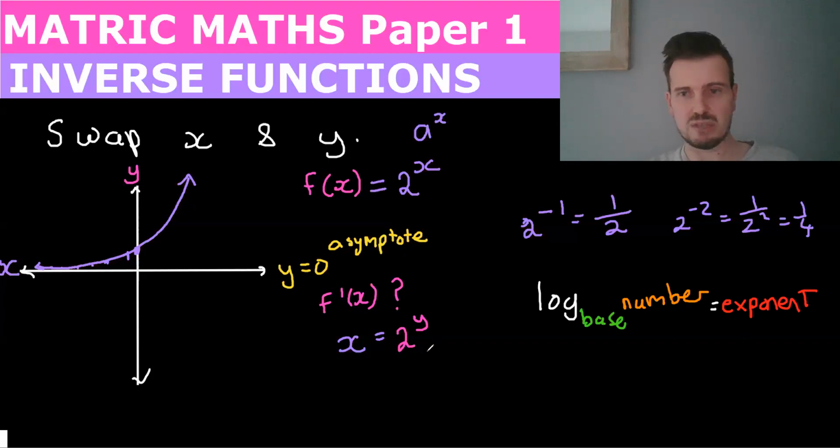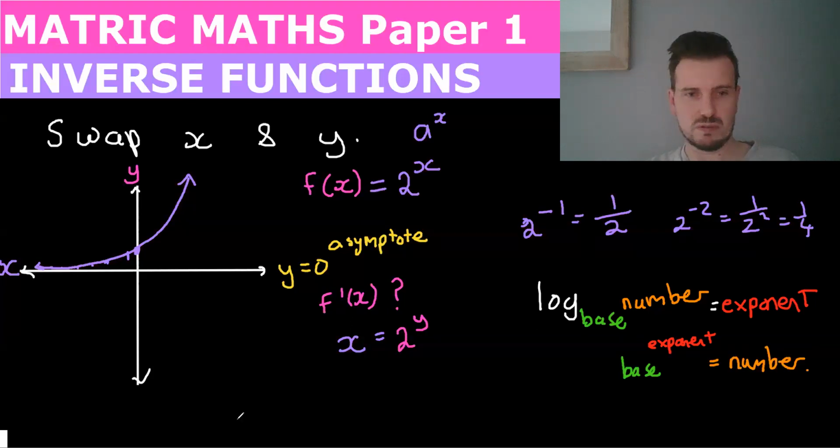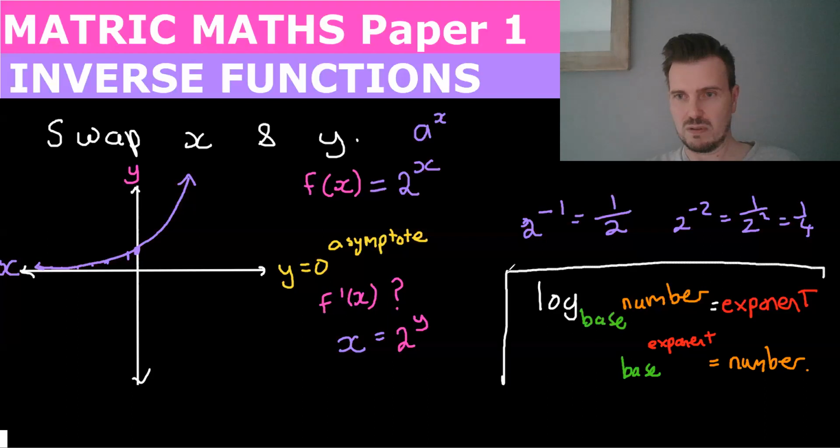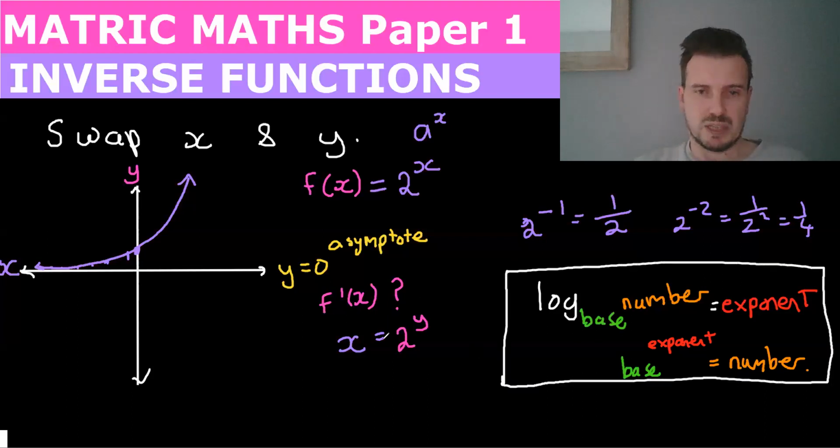Because then you can think of the base. The base is like a tree. It always has something at the base of a tree, with leaves on top. And the exponent is just the thing on top of the base. And then the number we can think of as a number by itself. So this here is crucial in logs. So let's apply that rule here.